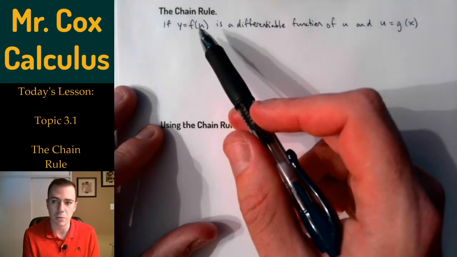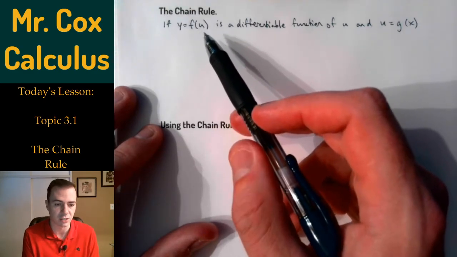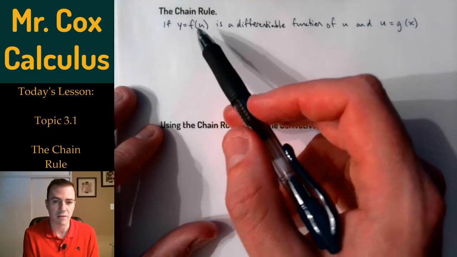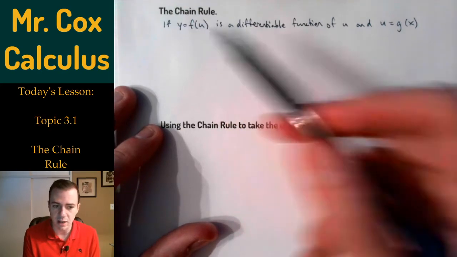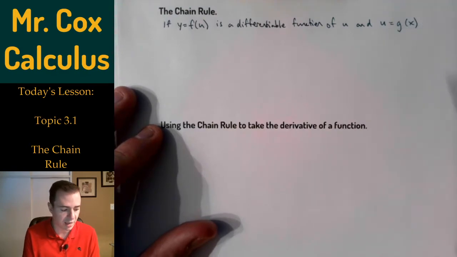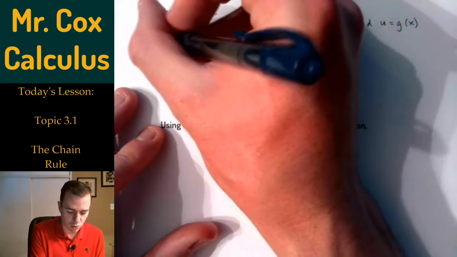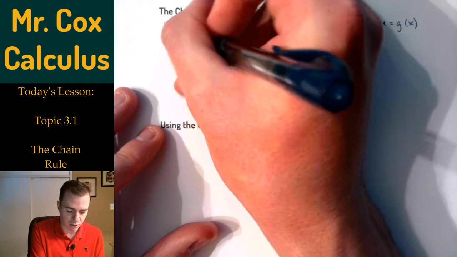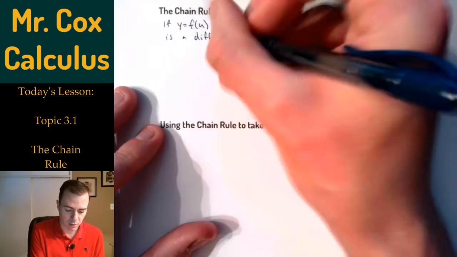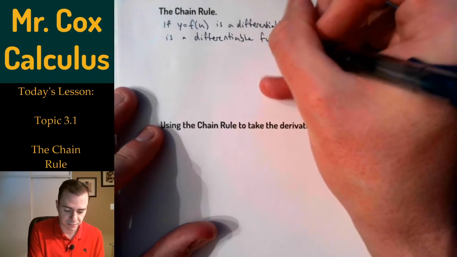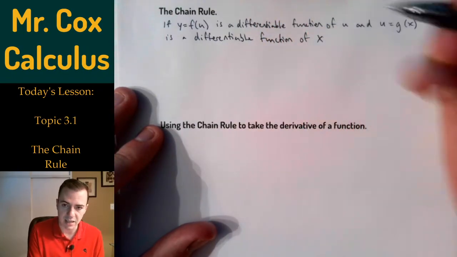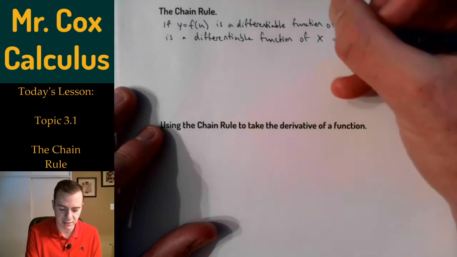So in other words, you can almost kind of see the composition of functions happening here. Y is f of u, and I can take its derivative with respect to u, but u itself is actually this function g of x, and we would say that u is a differentiable function of x, meaning I can take its derivative with respect to x.